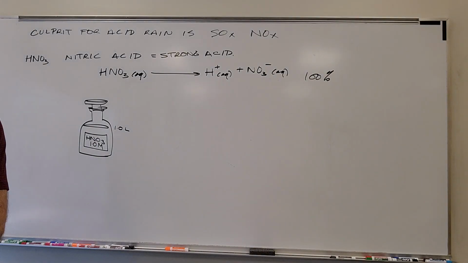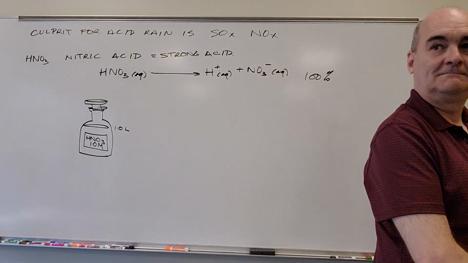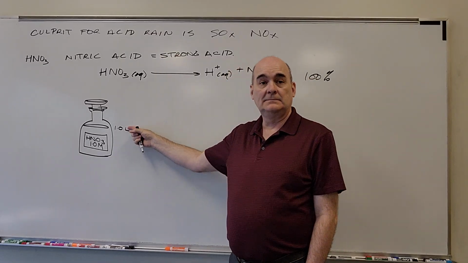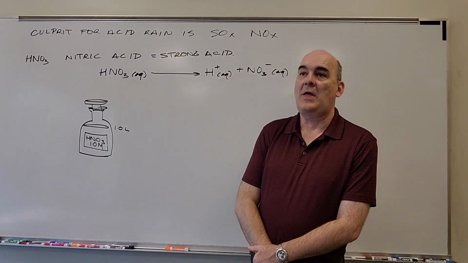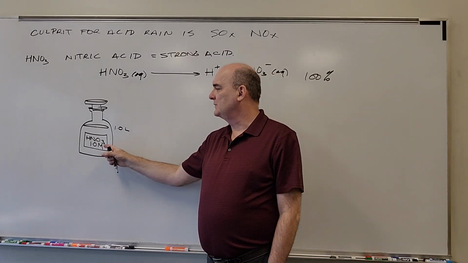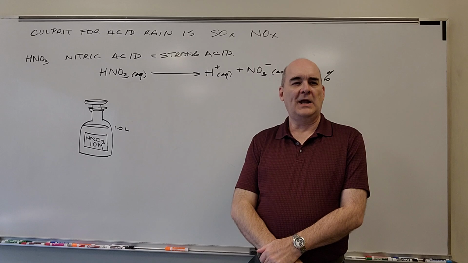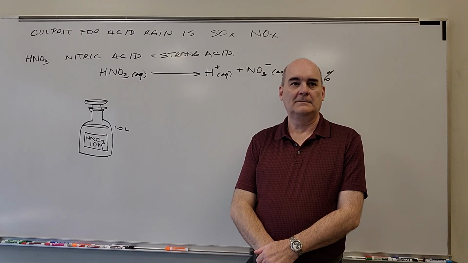How much nitric acid is inside the bottle? There's definitely a liter of solution in there. The label says that in that 1 liter of solution there is 1 mole of nitric acid. How much nitric acid is in solution? 1 mole.